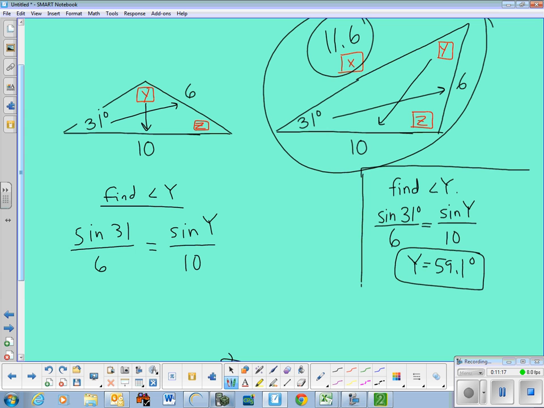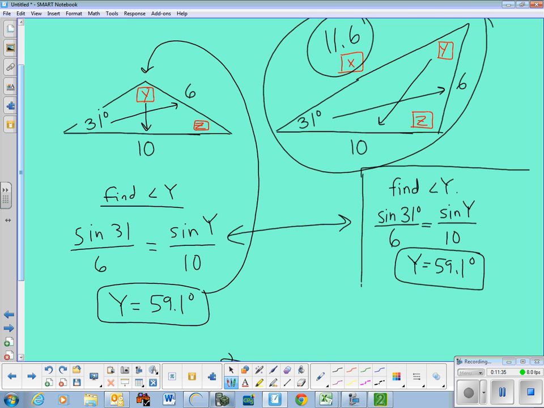Well, look at my setup. These two things are exactly the same. I'm going to do the exact same thing in my calculator. I'm going to do sine of 31 times 10 divided by 6. I'm going to inverse sine that, and I'm going to get y equals 59.1 degrees. So do you think that this is 59.1 degrees?